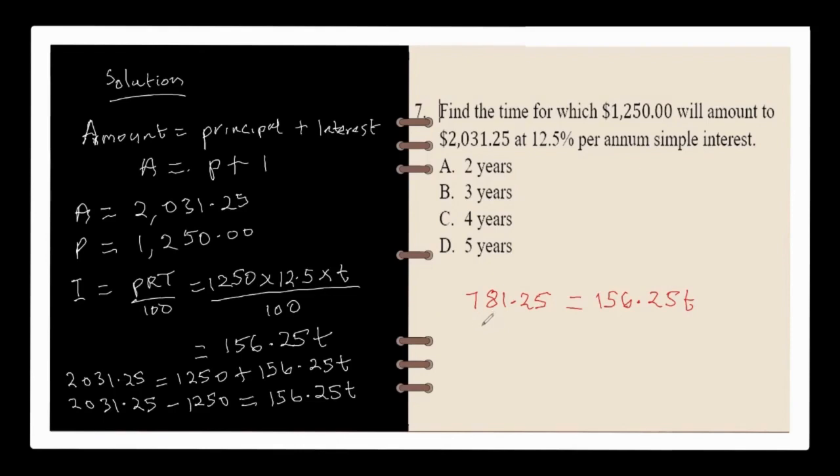When we do that, we are going to have 781.25 over 156.25 equals t. So here t is going to come out as 5, which is 5 years. So we now look at the options and we discover that option D is the right option for this question. So, believing that you understand this, we are going to proceed to question number 8.